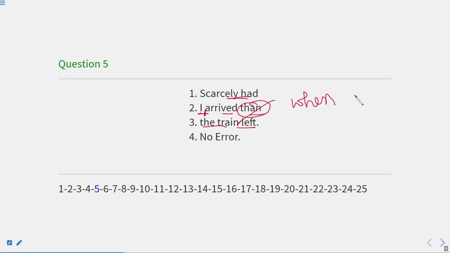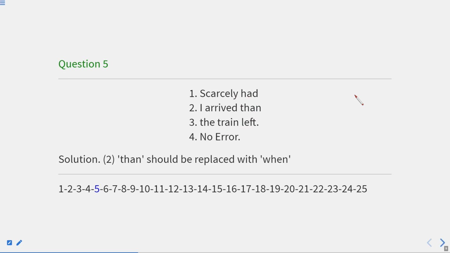The error is in part 2, and the correct sentence will be: scarcely had I arrived when the train left. It means the person, maybe, did not even reach the station, and the train left. Okay, now let us move to the next question.